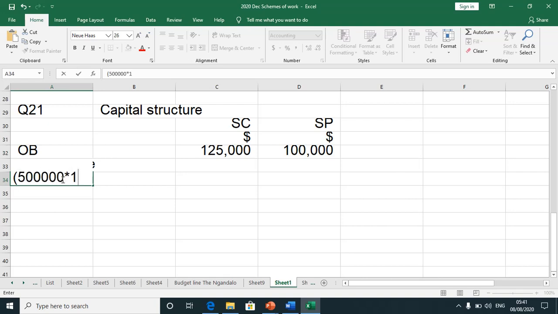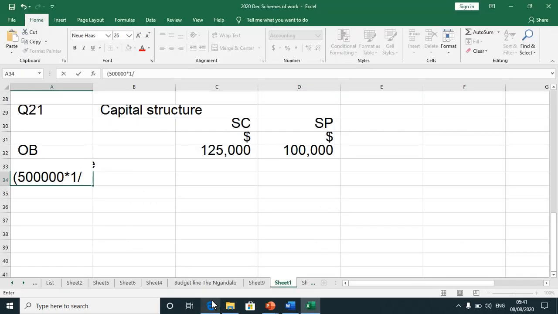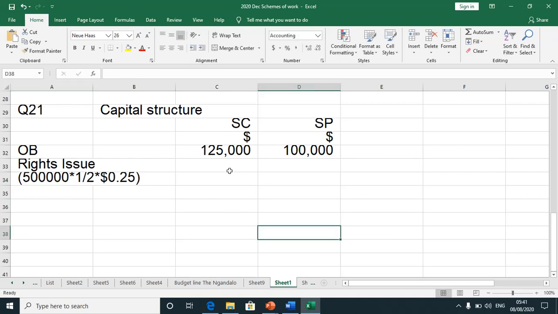Multiply 1 divided by every 2 held. Then you multiply that further by the par value, please. The par value in this case is 0.25. That is for the share capital.